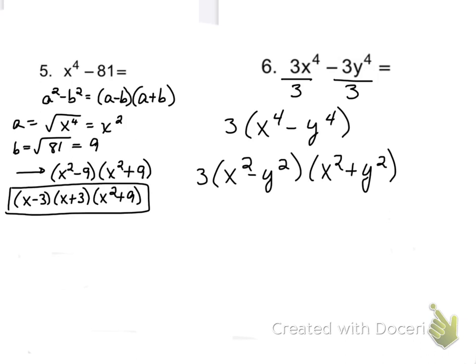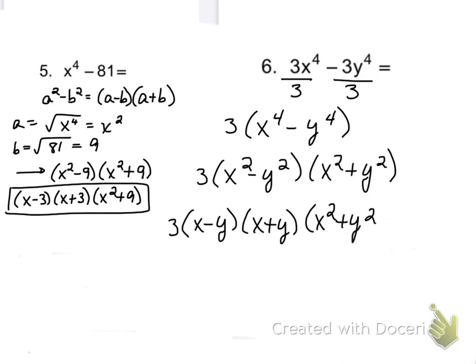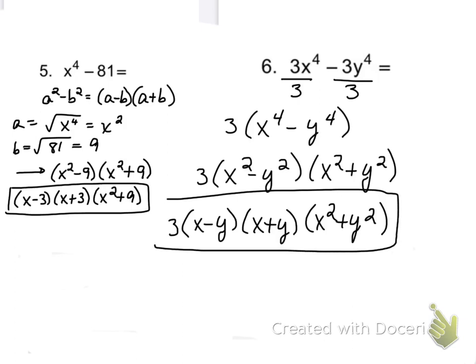But then this first one is a difference of squares that will factor as x minus y times x plus y. And then we still have the x squared plus y squared. And that will be the final answer, the final factorization for that one.